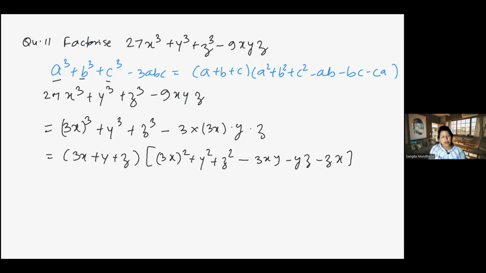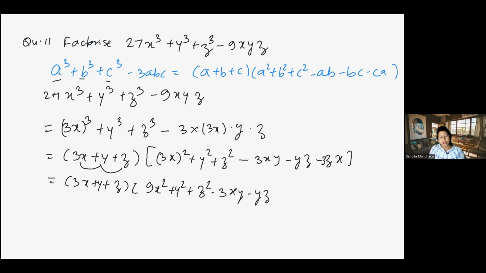What you have to do? Product of 3x and y, yz and zx, product of this 3xz minus 3xz. So the final factor is 3x plus y plus z into 9x square plus y square plus z square minus 3xy minus yz and minus 3zx.